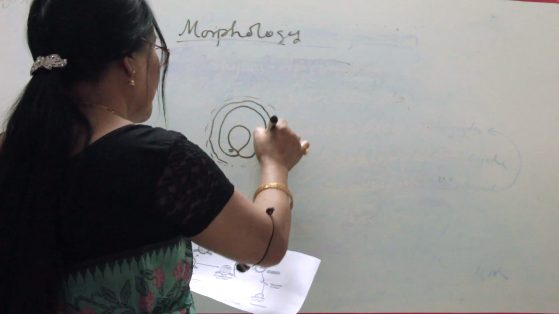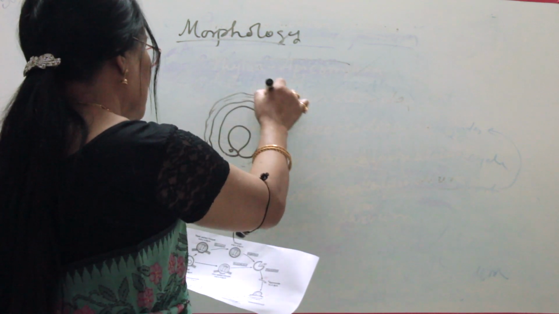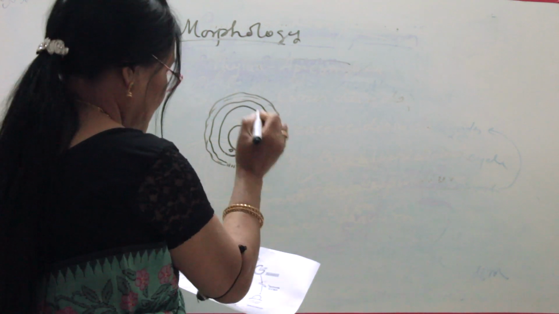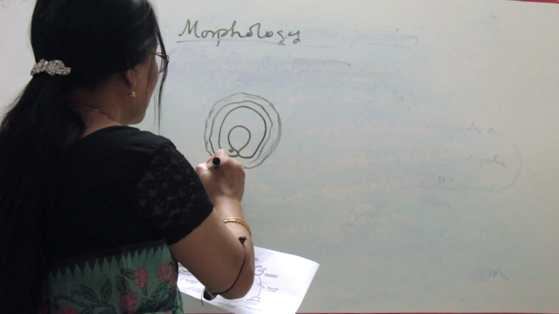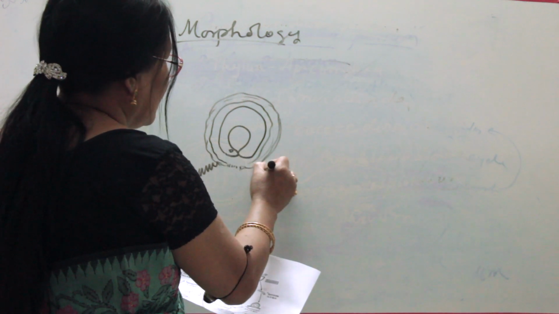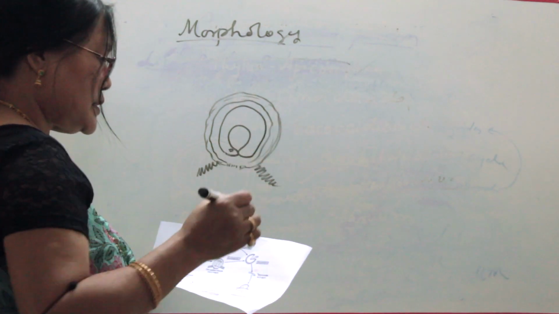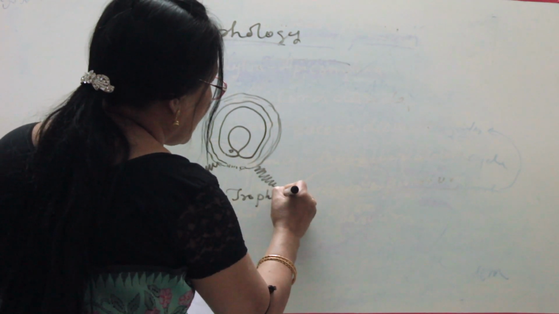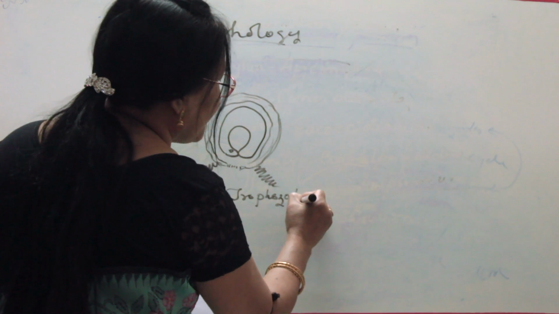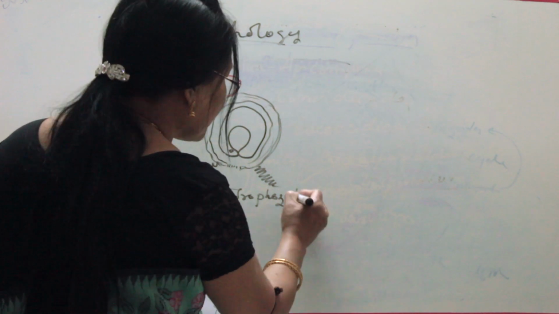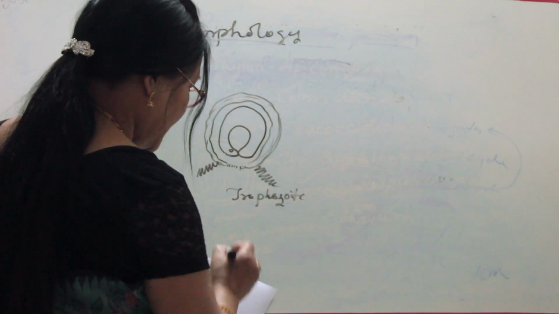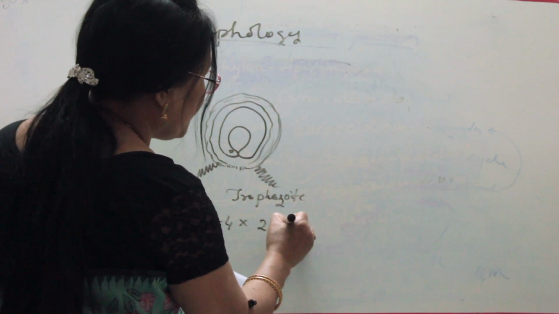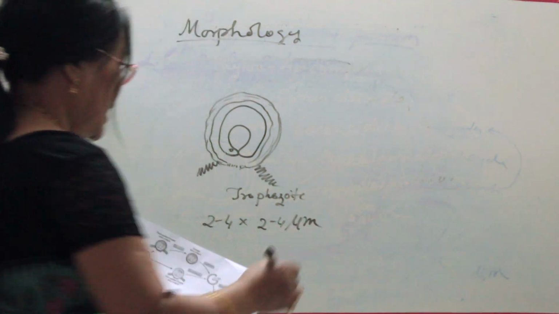This is the covering of the sporozoite, for the release of the internal structure, which is known as the trophozoite. The trophozoite has a diameter of 2 to 4 by 2 to 4 micrometers.